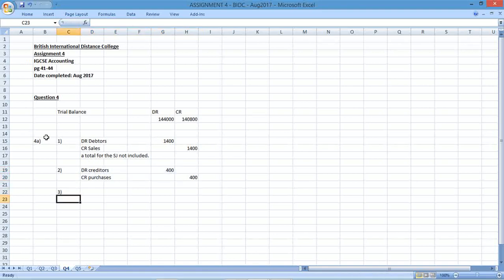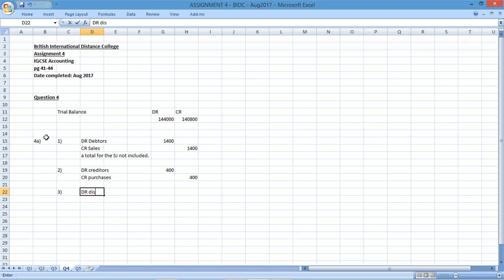Number 3. The total of discounts allowed for March, 600, had not been entered in the discounts account. So we had discount allowed that had not been entered, so we didn't enter it. So if it wasn't entered into the discounts account, we are going to have to enter it.